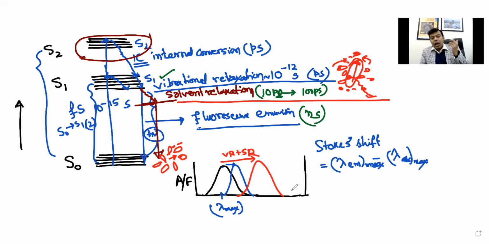There are also cases where you can excite it to S2, and then internal conversion, then vibrational relaxation, followed by solvent relaxation. They are by and large in overlapping time zones, but vibrational relaxation is a bit faster compared to solvent relaxation. And then you get the photon back after, let's say, a nanosecond, which is what is termed as the fluorescence lifetime of a particular chromophore.